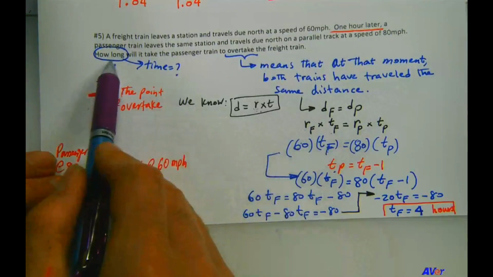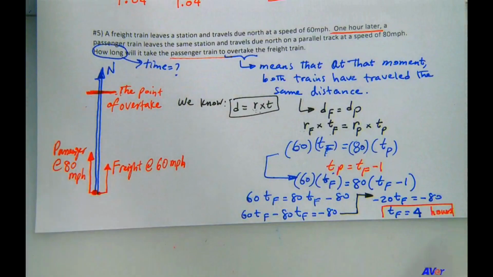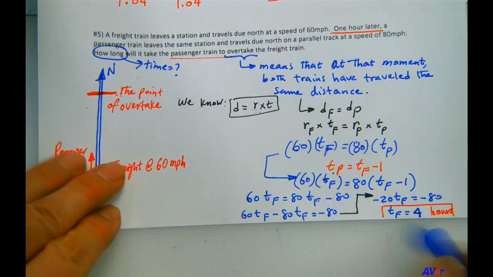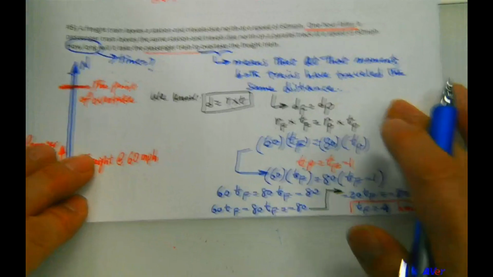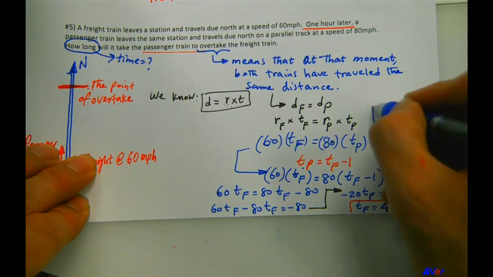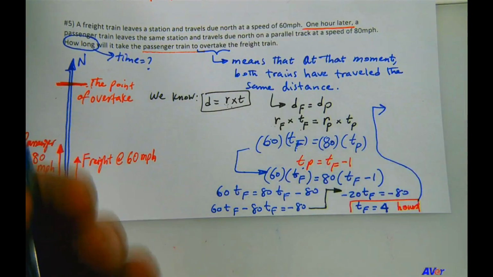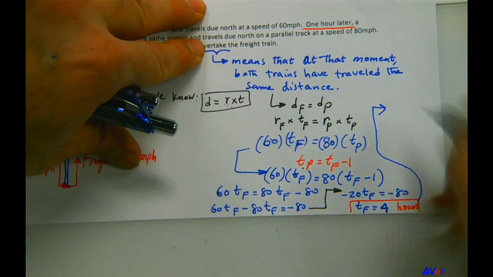it says how long will it take the passenger train to overtake the freight train. So we can convert this, this is for the freight train. I'm trying to put the rest of this answer up here. So that's for the freight train.